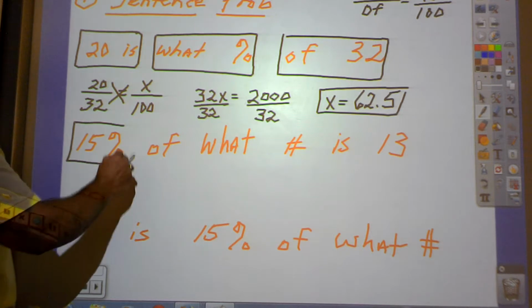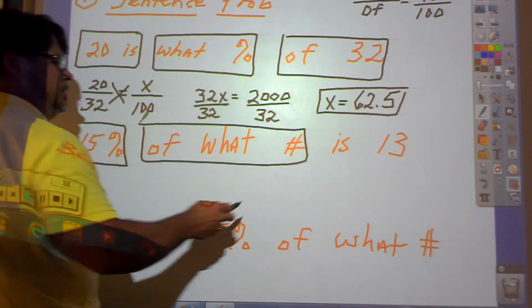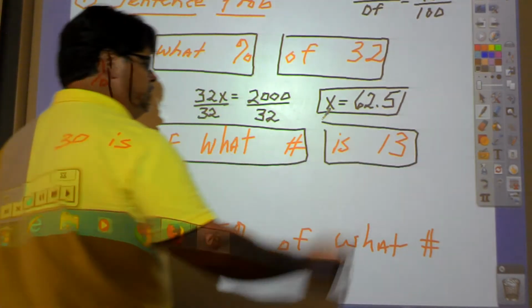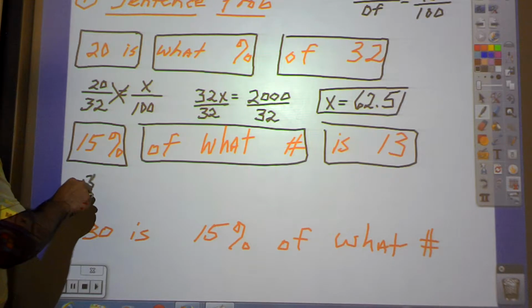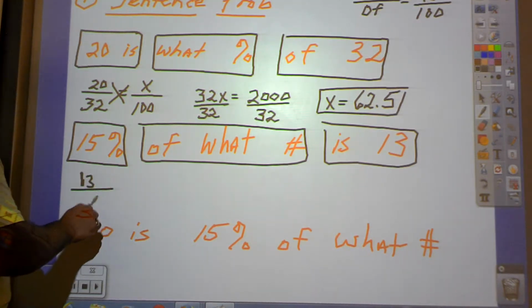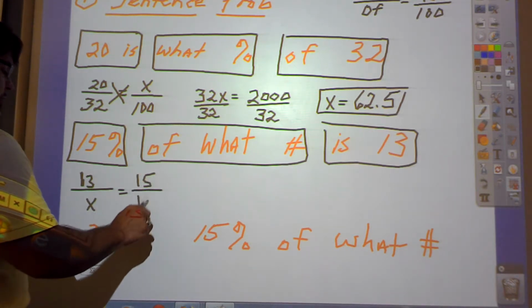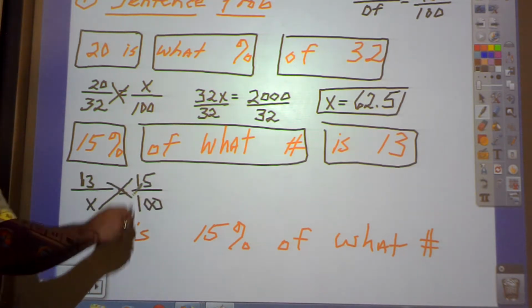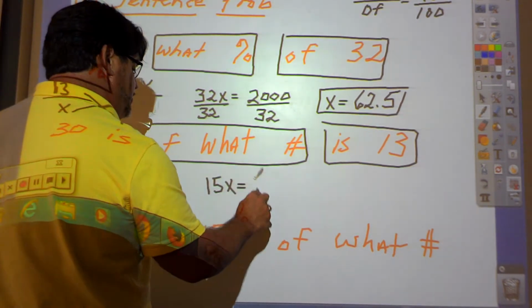Here's 15% of what number is 13. What's my is? 13. What's my of? X. What's my percent? 15 over 100. So 15x is equal to 1,300.